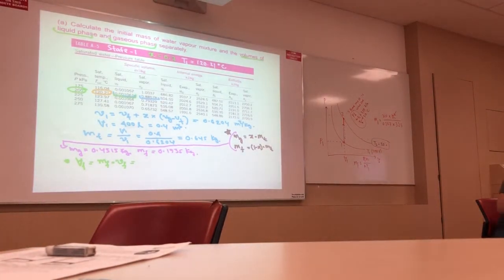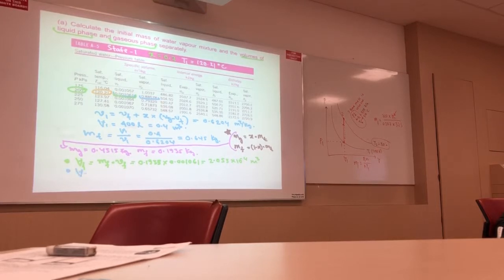What is mf? 0.1935 times 0.001061. Then you can get 2.053 times 10 to the power minus 4. Alright, you have to multiply, okay?